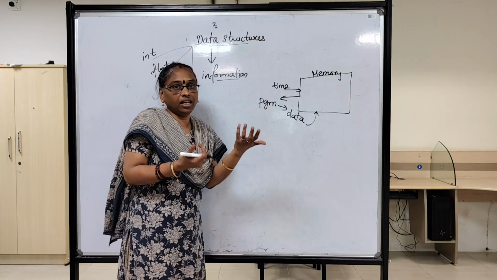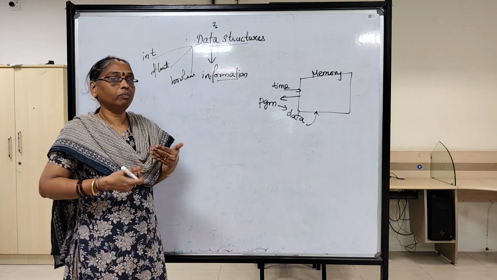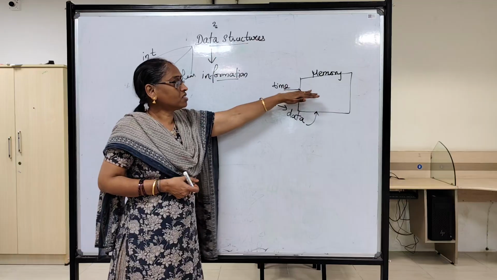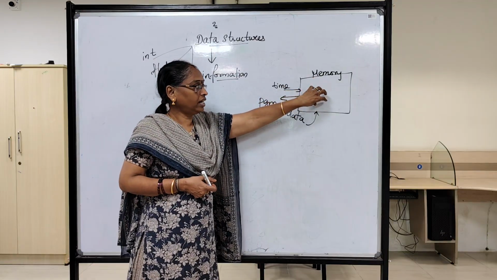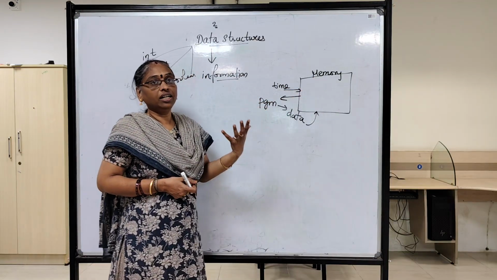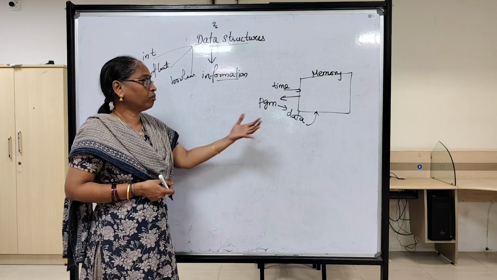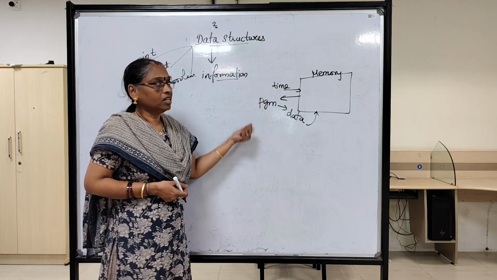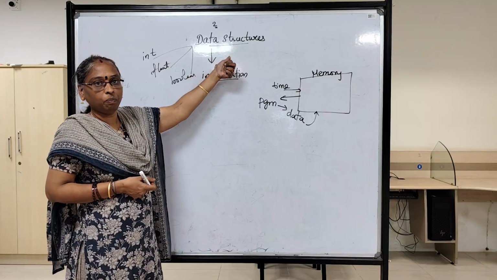Whatever data I need, or whatever format in which I need the data, I can decide the structure in which to store it in memory, so that it makes it easy for me to retrieve the data and do my processing. That is where the data structure comes into the picture.